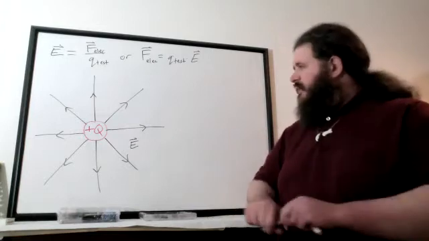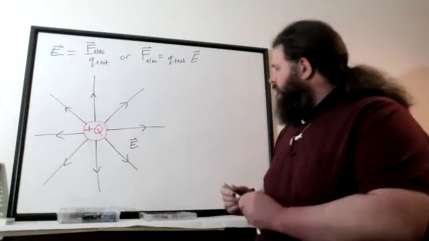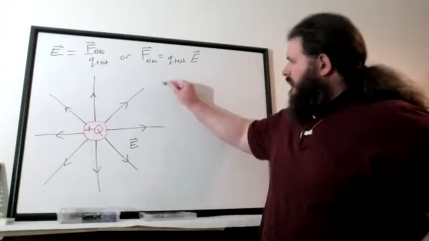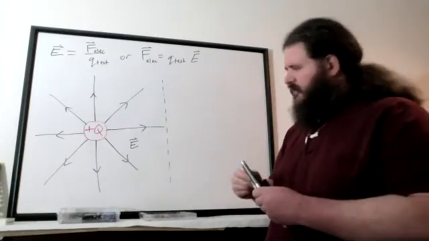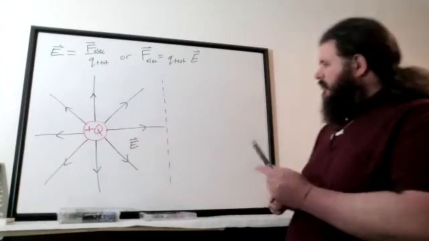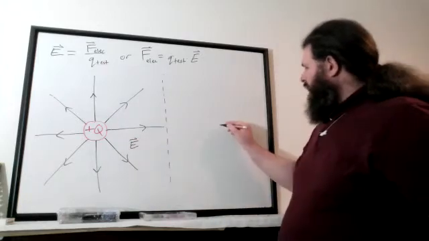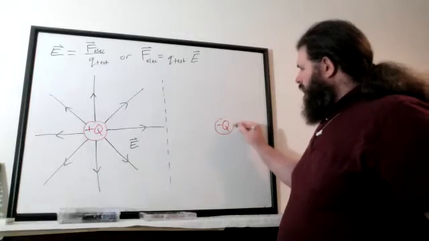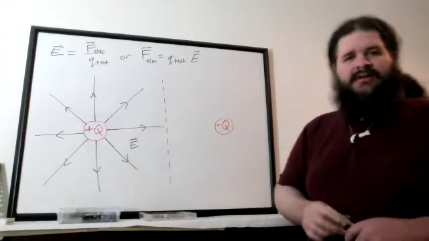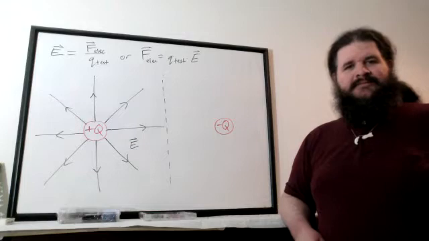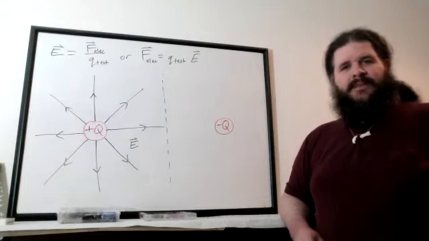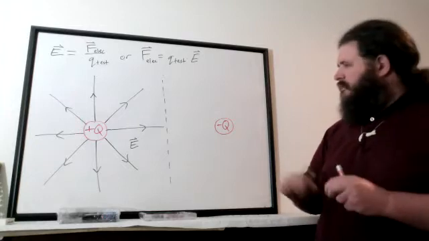If the source charge was negative instead, so looking at a completely different situation, just ignore what we've already got, new diagram. If we had a negative source charge, what would you expect to be different? Would it be the opposite of the positive case? So point inwards?